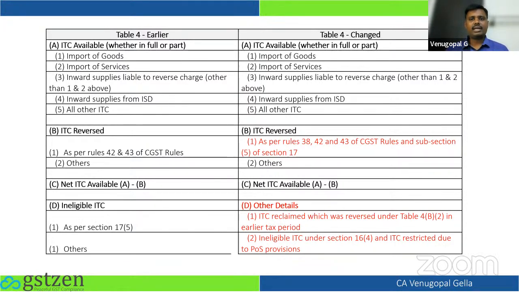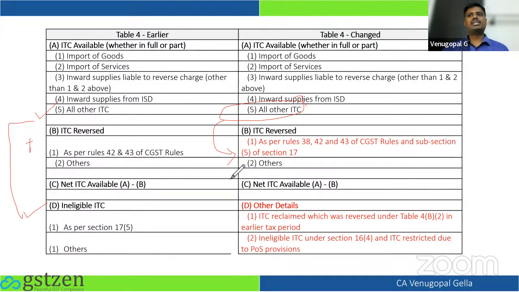They are now saying avail the entire credit which is there in 2B into 4A5. Earlier, we used to take the eligible credit in 4A5 and the ineligible in 4D, so my GSTR 2A or 2B used to match when I added the two. The government is now saying it in a different way: report everything here, and whatever you think is ineligible, you reverse it.